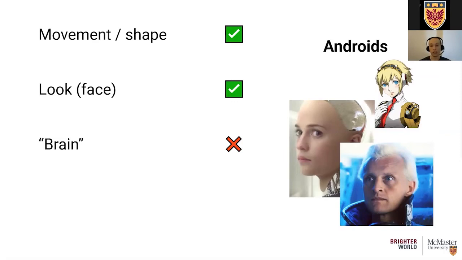You can see those androids or human-like robots in movies like the ones on the right here, but the combination of movement or shape, look, and brain is not there. In the future, I think it's going to be possible to get close to that, but right now, unfortunately, no.